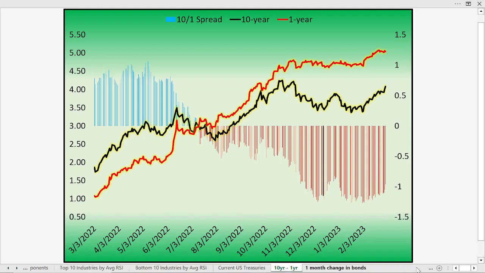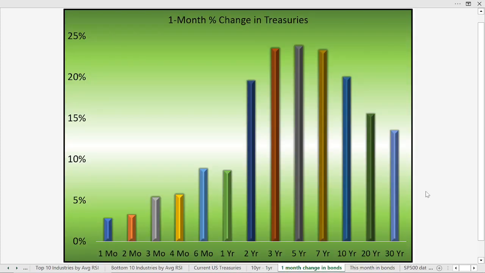This could persist. Over here, this is the 1 month change in bonds. This is how the yields of every respective maturity have changed over the past month or so. We see the biggest change occurs in the midterm bonds, the 3, 5, 7-year bonds. Those yields on those medium-term bonds have increased around 20, 24%.